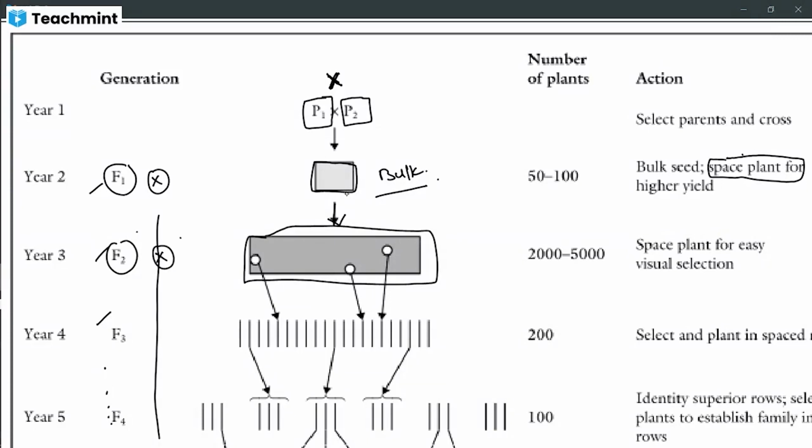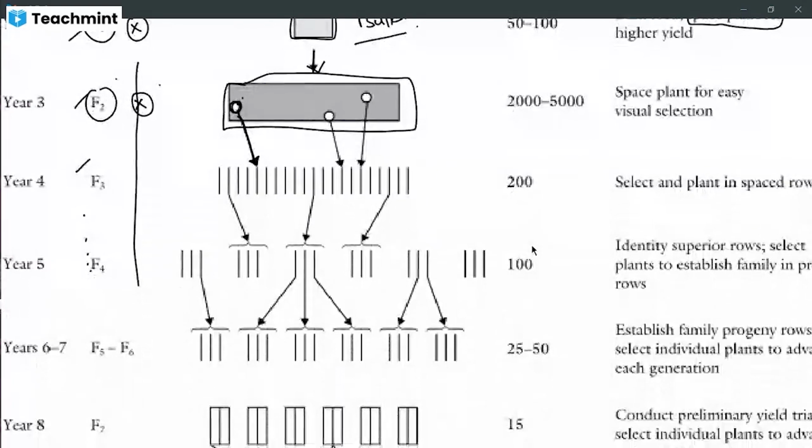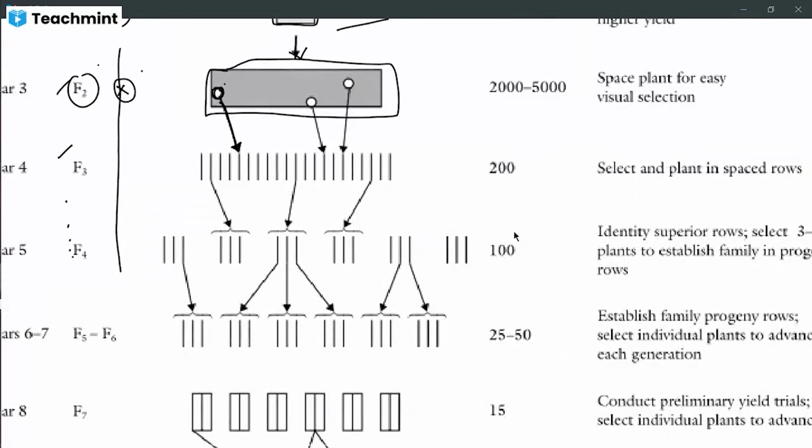After selfing, from a single F2 plant you will be forming the plant-to-row method. From a single plant you form a row, which is said to be your family row. From this family row you will again self and form different family rows.